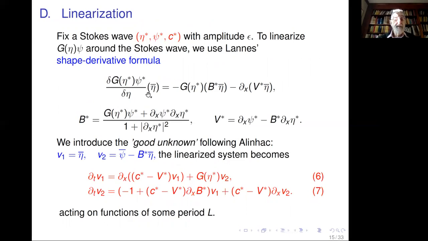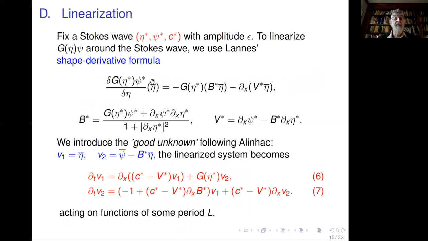And we're going to linearize. Linearization is not so straightforward because the surface is unknown, so you have to be quite careful. The surface is hidden inside this Dirichlet-Neumann operator, so you have to be careful about how you do that.